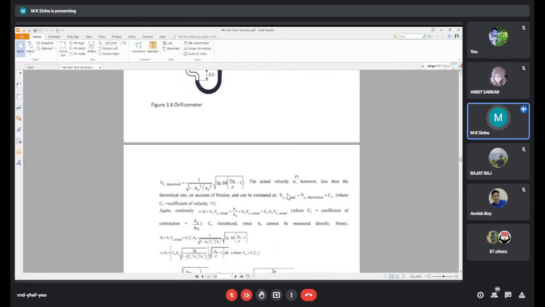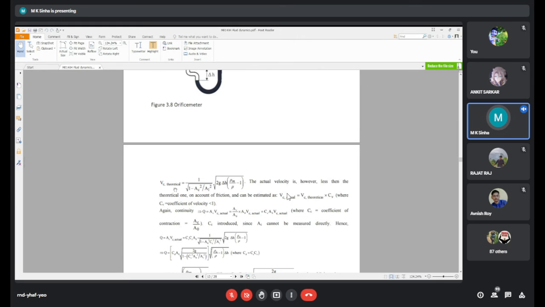So the actual velocity is, however, less than the theoretical, and this is the velocity at the vena contracta, which is the theoretical, with subscript C and theoretical.